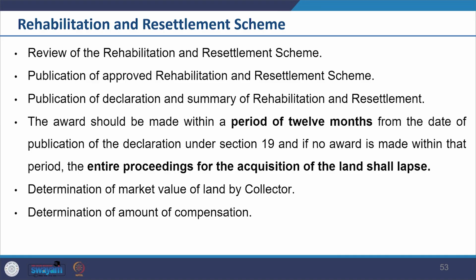So here we see that the act also specifically mentions the award, and by when the award has to be made. Like it specifies that the award should be made within a period of 12 months from the date of publication of declaration, as per the section, and if no award is made within that period, the entire proceeding of the acquisition of land shall lapse. So there's again a timeline which is given here.